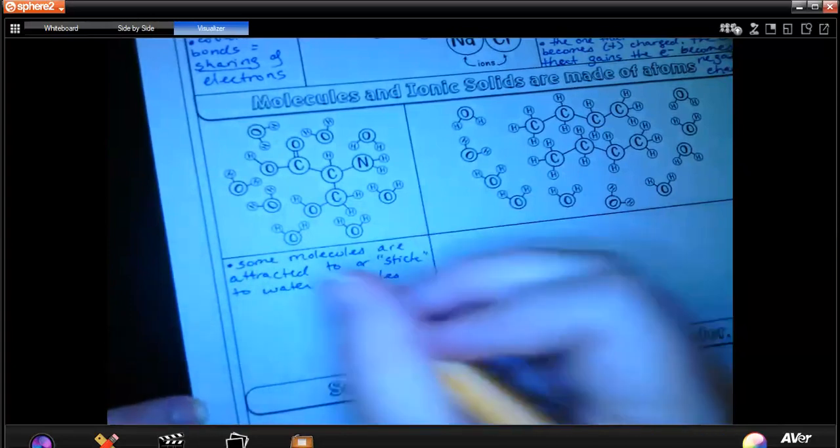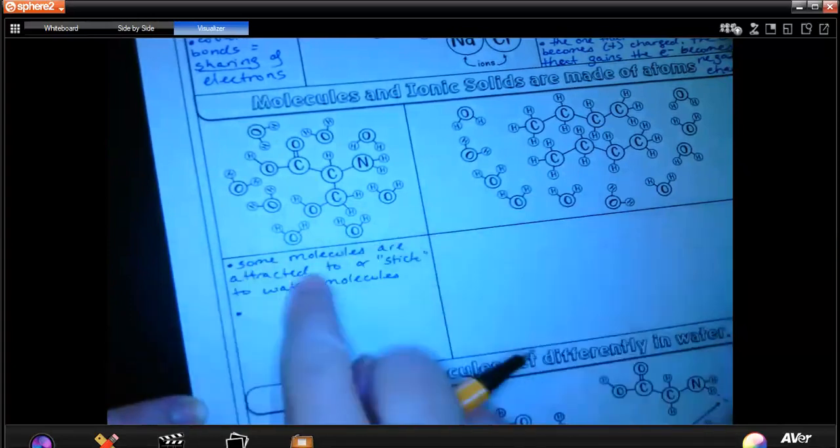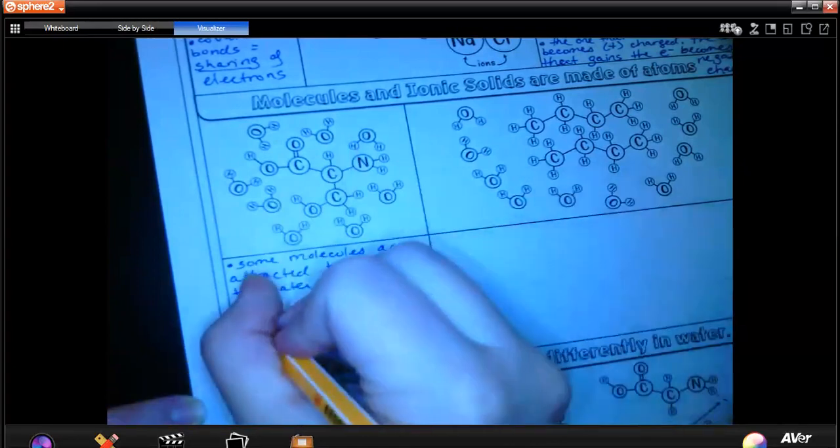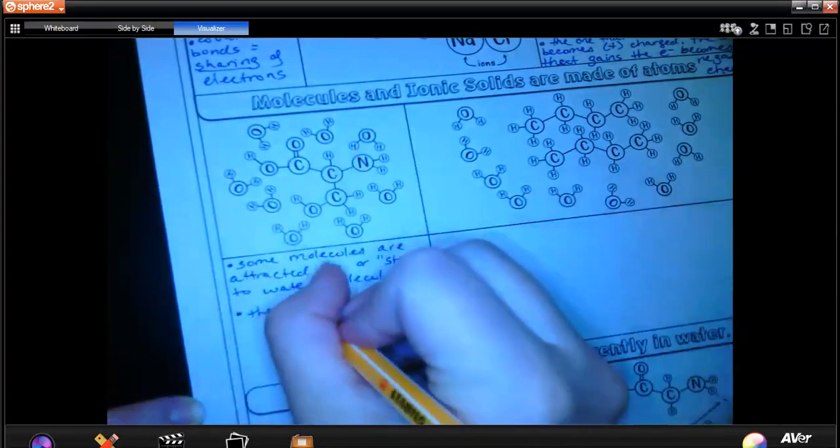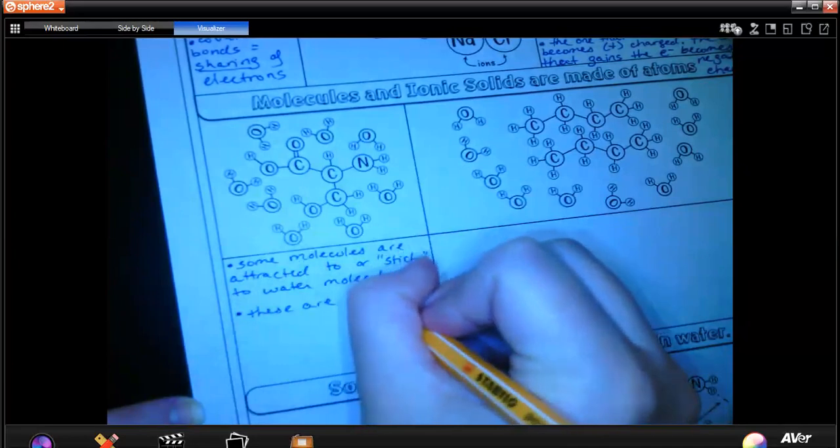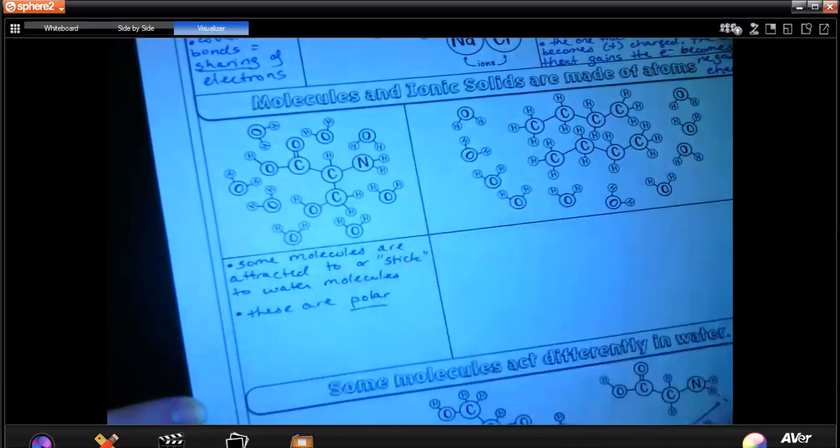Sugar is very big as a molecule, so it takes a long time to dissolve, and you usually have to heat it up. But they will dissolve. If this is true, that they like to stick to water, these are polar. We call them polar molecules, and they are polar and hydrophilic.